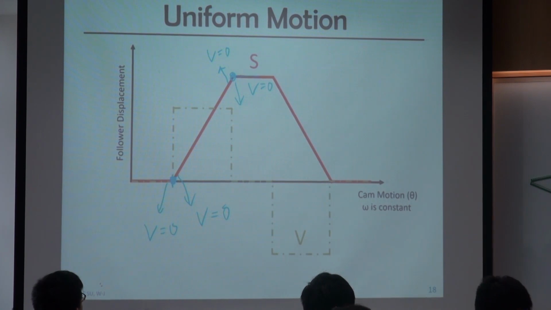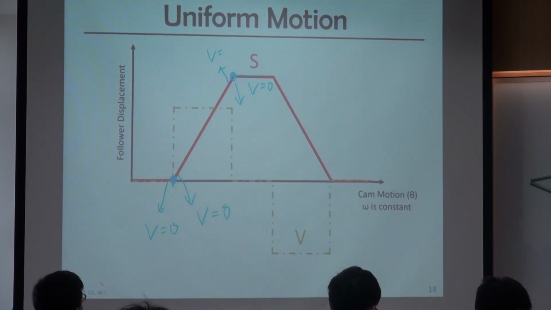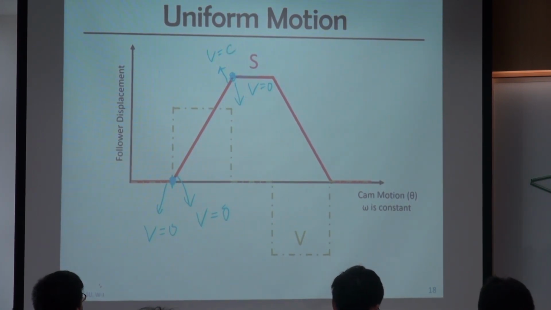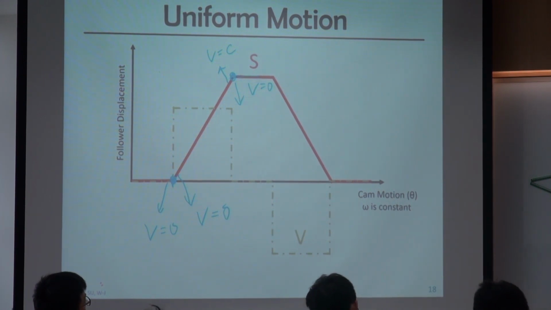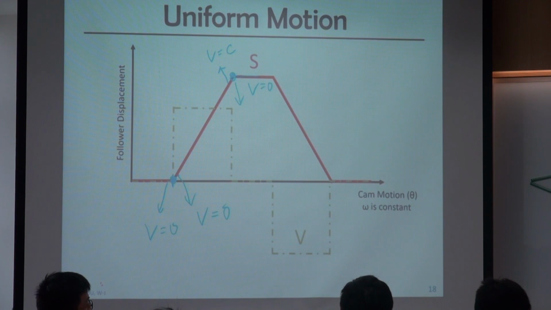But right now it's not. For this uniform motion, right before this point, the velocity is a non-zero constant. Any question for this one?